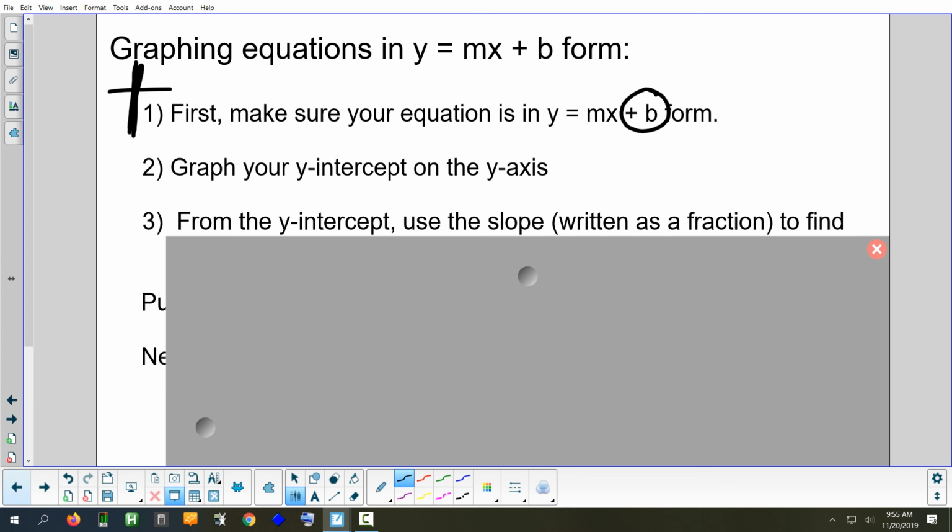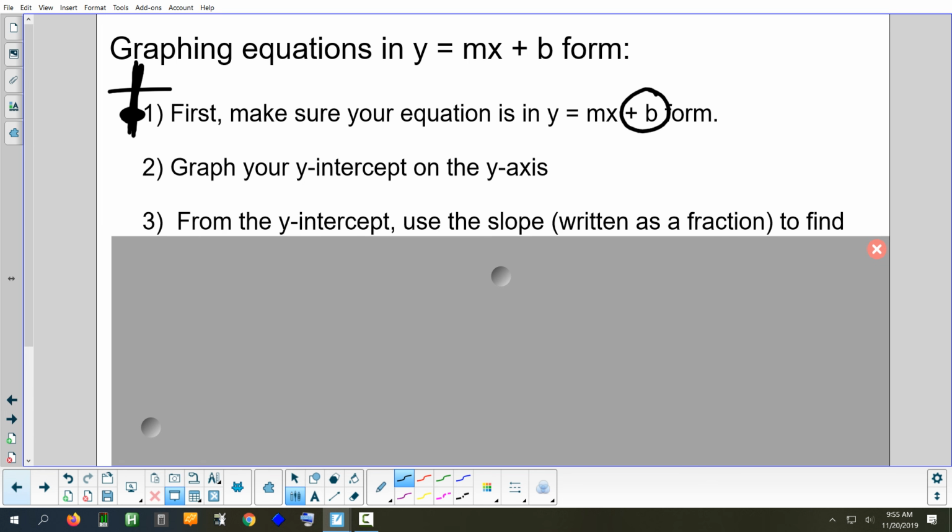The last step. Once you put a dot where the Y-intercept is, you need another point. How many points did we say you need at a minimum to draw a line? 2. You need 2 points. How do you get a second point? Use the slope. Okay, you're going to use the slope.